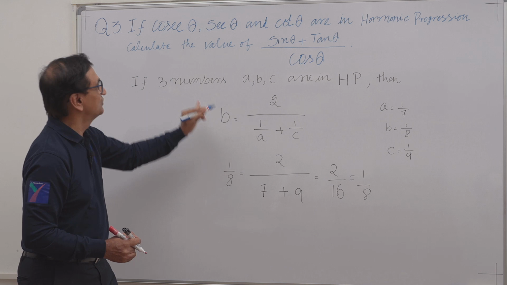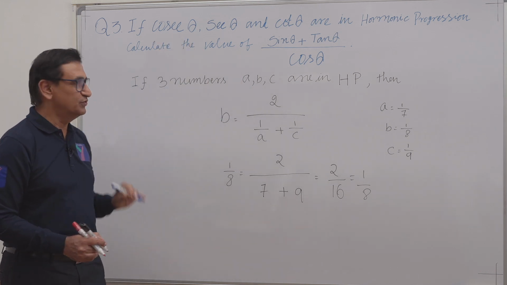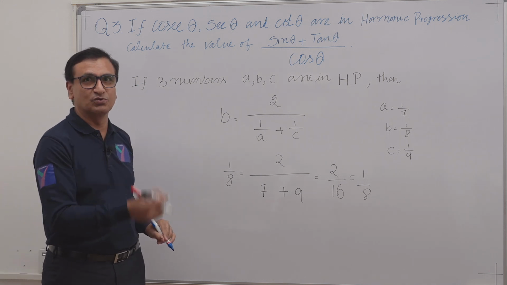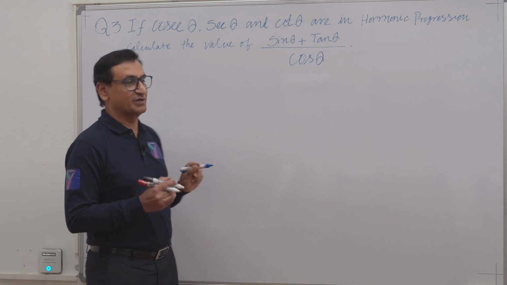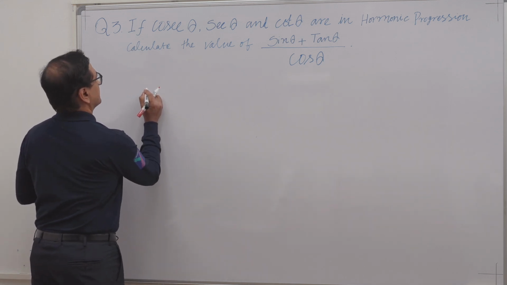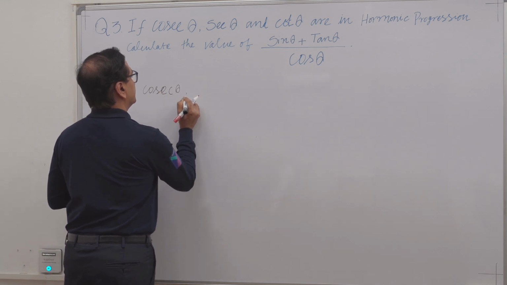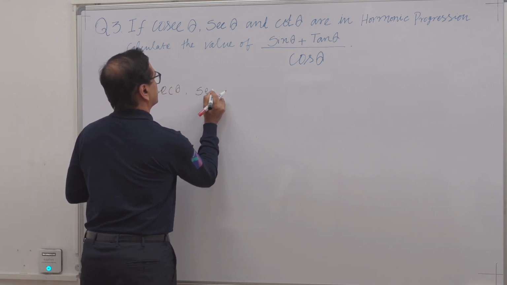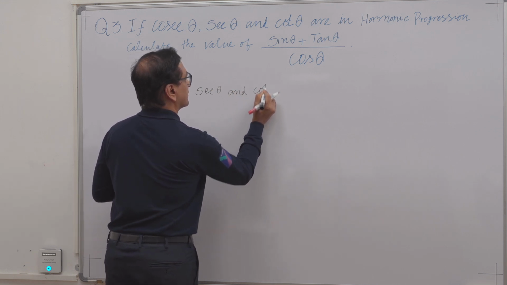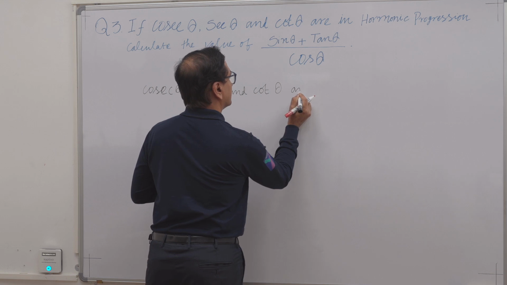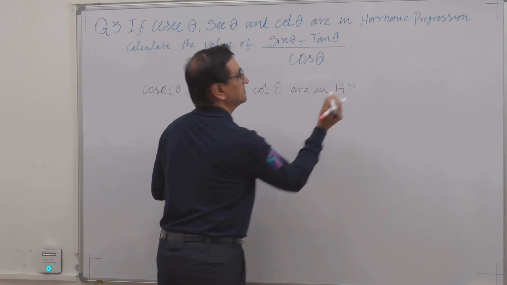So we have to apply this to cosecant, secant and cot and you will get this answer. Let's do it. We'll do it in a fresh board. So cosecant theta, secant theta and cot theta are in HP, harmonic progression.